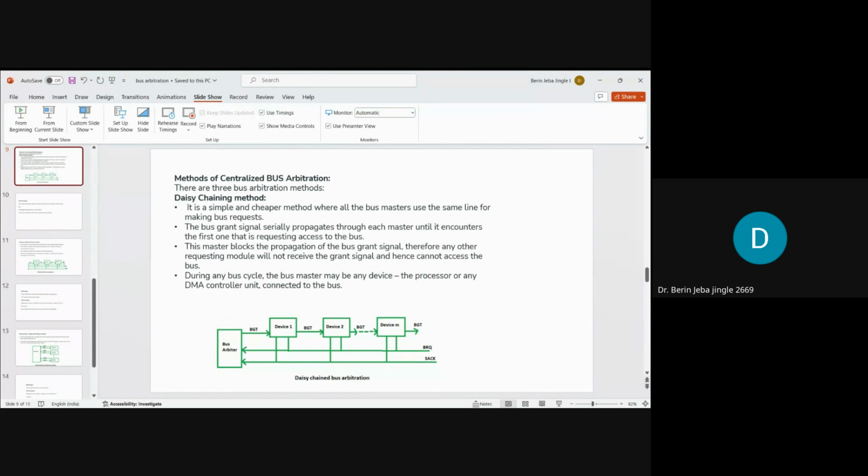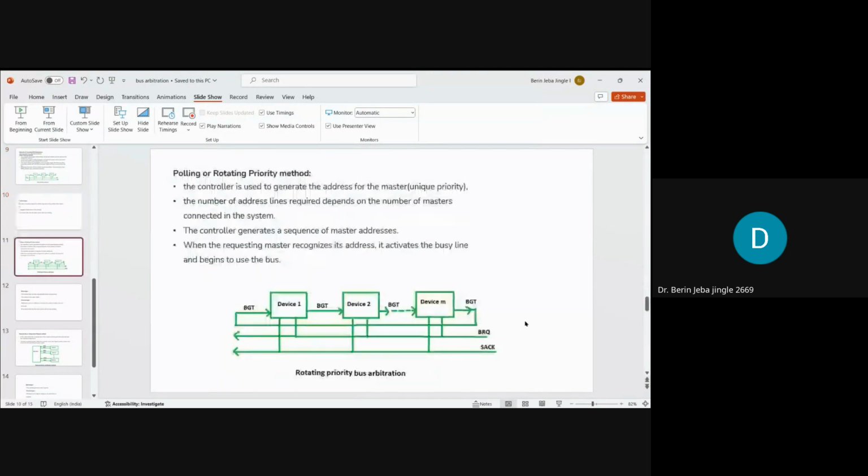There are two signals, bus request and bus busy. The bus arbiter analyzes the devices, finds the device that sent the request first, blocks the other requests, and grants this request first to use the bus. So this is the daisy chain.